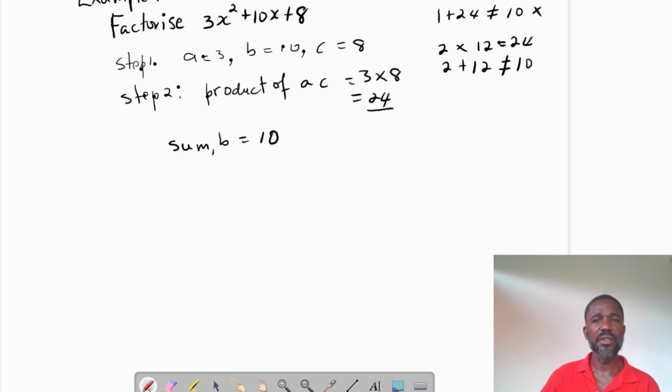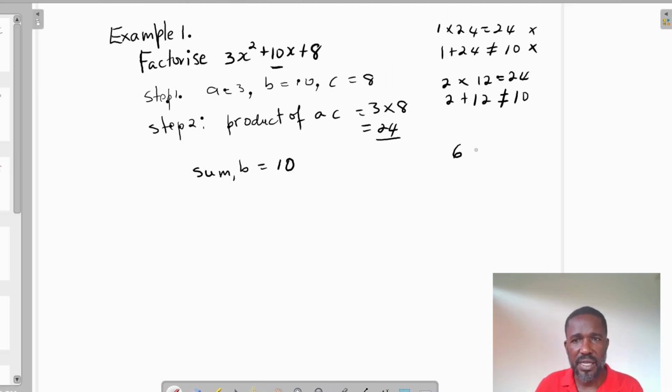Hence again, these two factors won't work. So we have 6 times 4 will give us 24, and 6 plus 4 will be equal to 10. So here we have two factors that have satisfied both conditions.